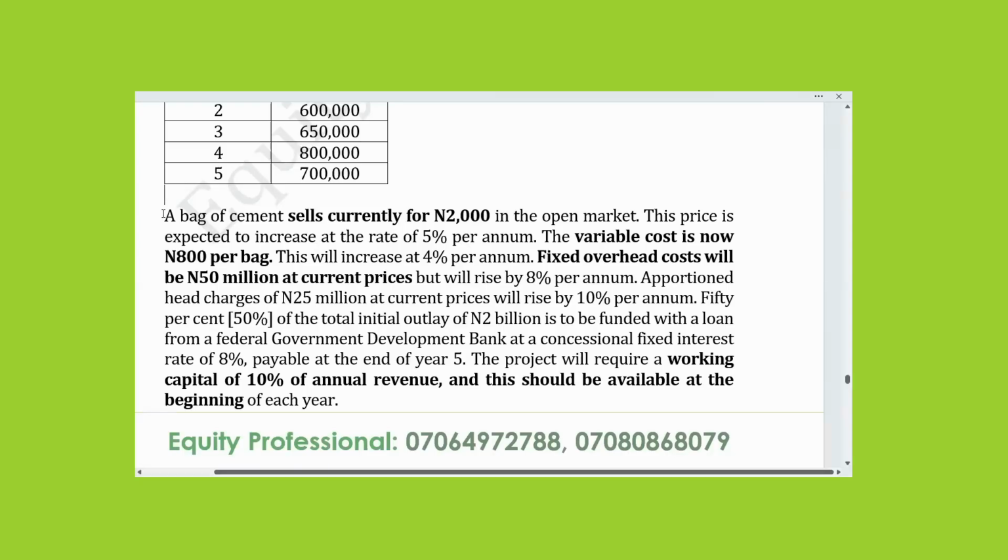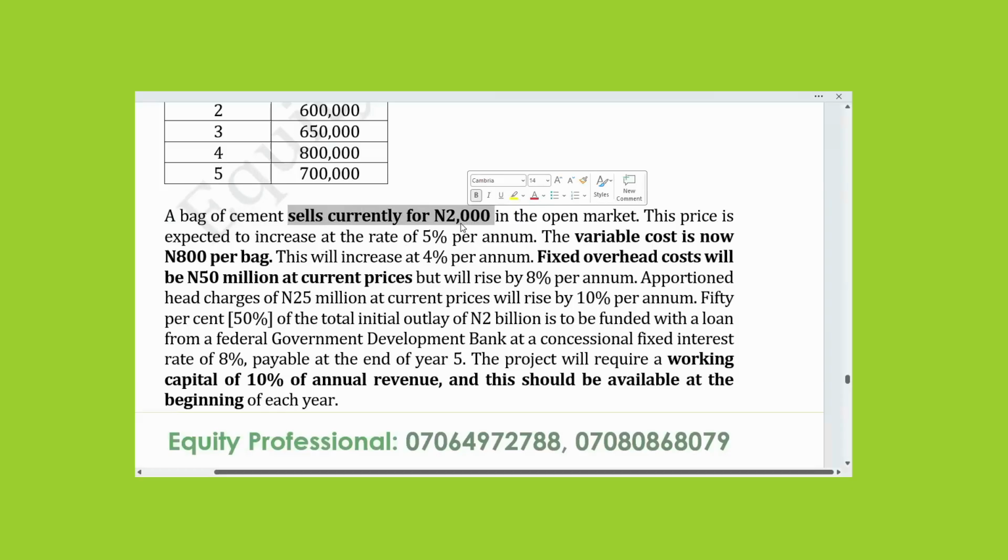From this paragraph, we are told that a bag of cement sells currently for 2,000 naira. The examiner has mentioned currently. That means this selling price is in current value terms.